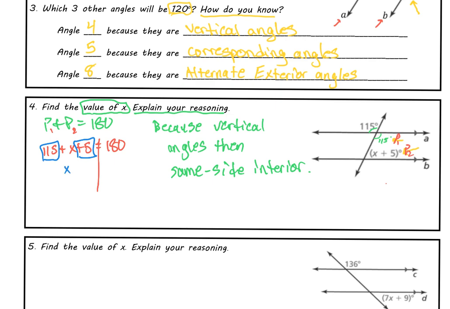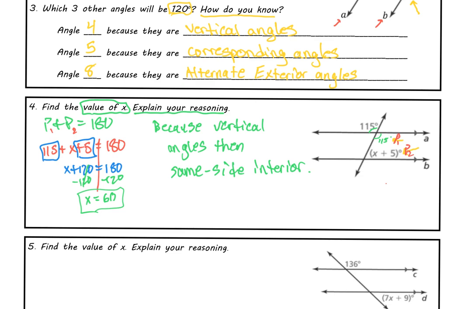So we're left with x plus 120 equals 180. Flip the sign when you're crossing the line, right? So minus 120, minus 120. We get x equals 60. And there's our answer, right? Find the value of x. X is 60.